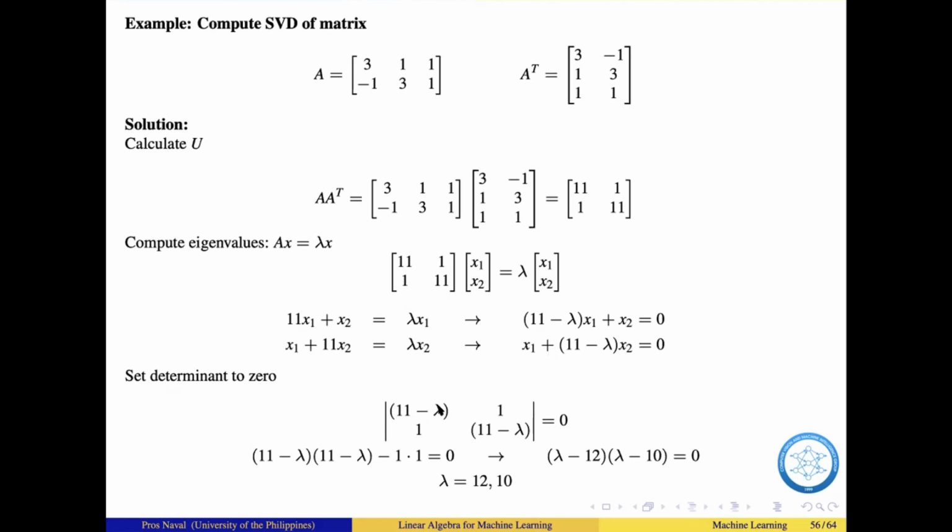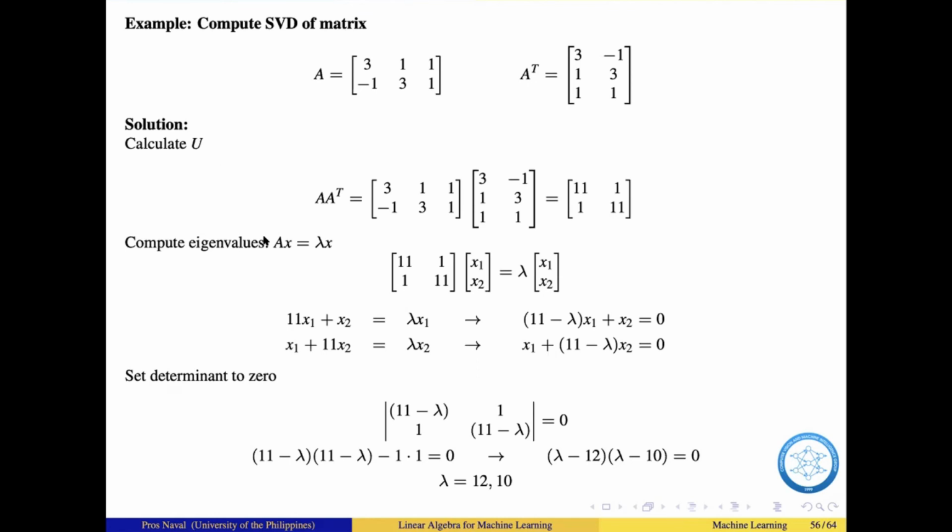So this diagonal times this diagonal is set to 0: 11 minus lambda times 11 minus lambda, minus 1 times 1, is equal to 0. After factoring this properly, you have lambda equals 12 and 10. So we now know the two eigenvalues of this matrix.